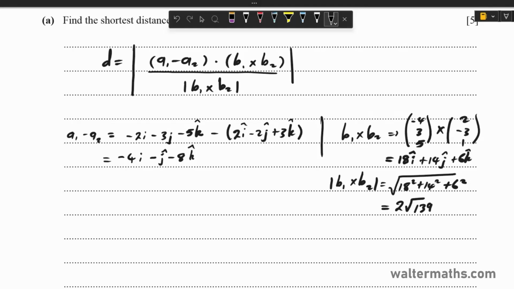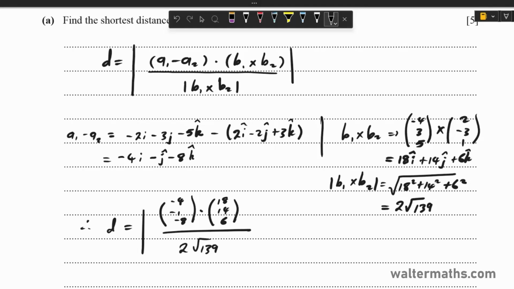All right, so therefore D should be equal to, now the dot product for this, which is the scalar product, we calculate it as minus 4, minus 1, minus 8, dot 18, 14, 6, and that's over 2 root 139.